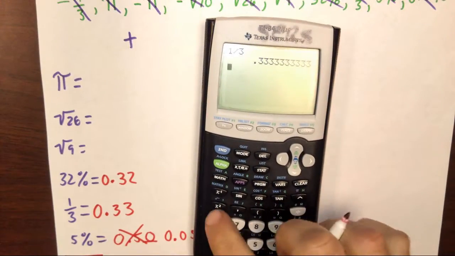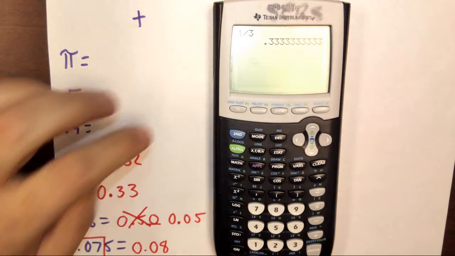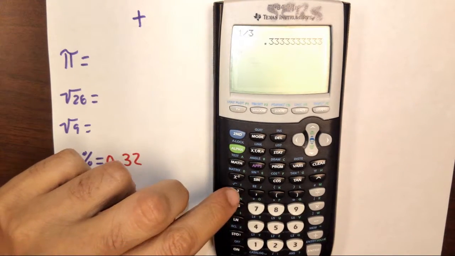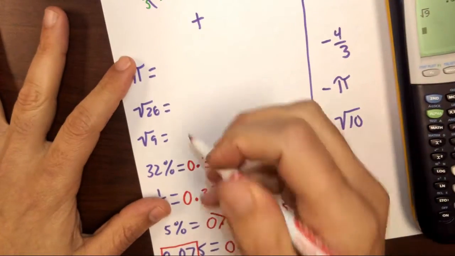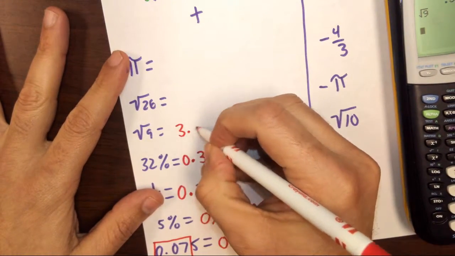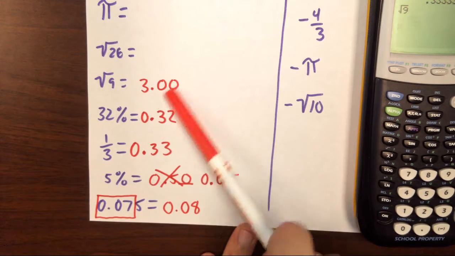Square root of 9. It's that button right there. To get to blue, you got to hit blue, second. Okay. So type in 9, press enter. 3. That's like $3. 3 whole dollars. Okay, so far that's my biggest number. These are all cents.